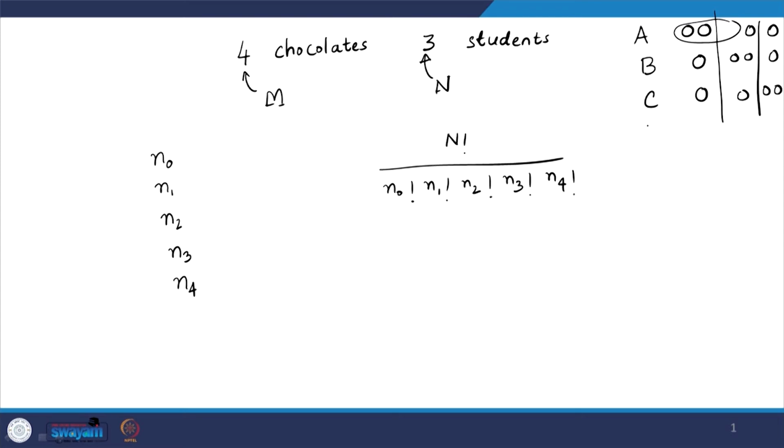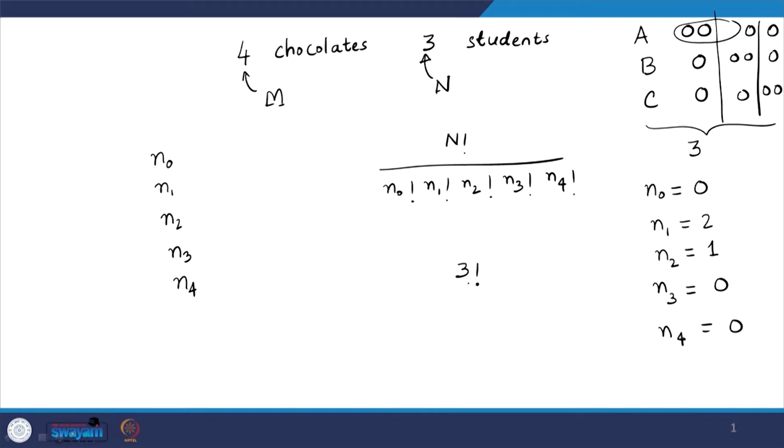So, the number of ways to do that is equal to 3, that we can also get from this formula, because in this case n naught is equal to 0, there are no students having 0 chocolates, n1 is equal to 2, 2 students have 1 chocolate each, n2 is equal to 1, that is 1 student, n3 is equal to 0, and n4 is again equal to 0. So, we can do the math here.